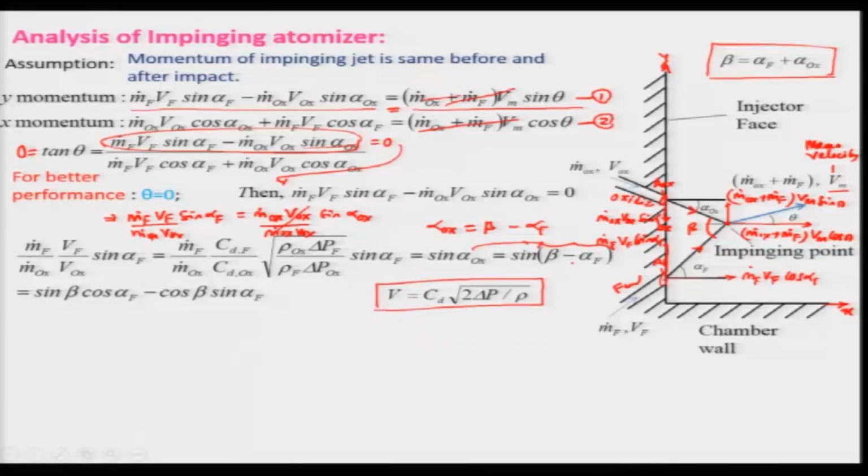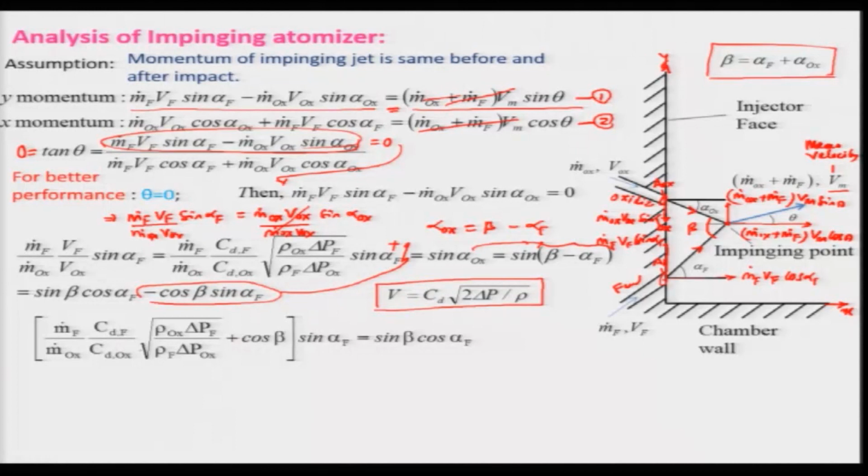When we expand sin of beta minus alpha f, I will get sin beta cos alpha f minus cos beta sin alpha f. Since alpha f is on the left hand side, I can take this portion to the other side and separate the terms. Then sin alpha f, multiplied by the cos beta term, is equal to sin beta cos alpha f.